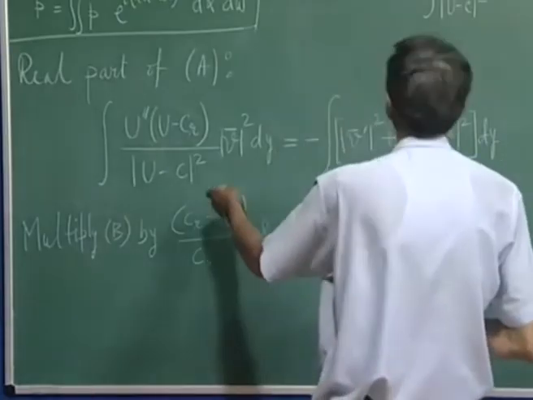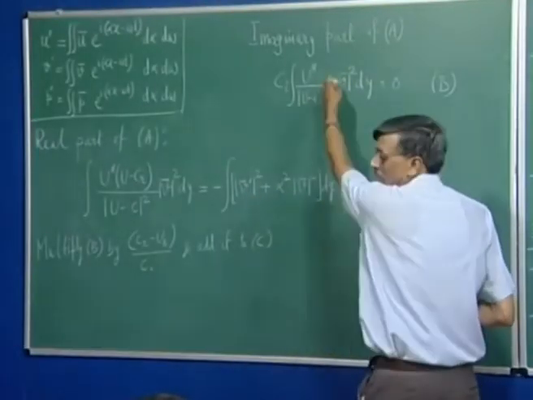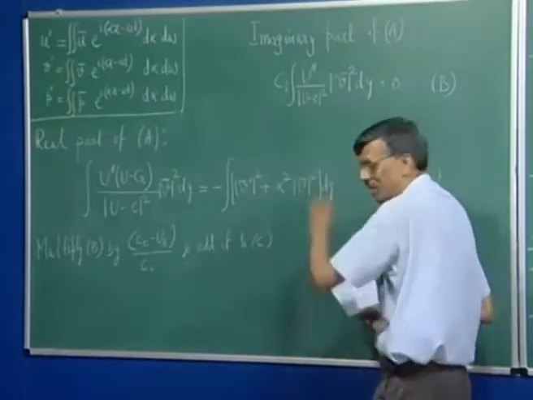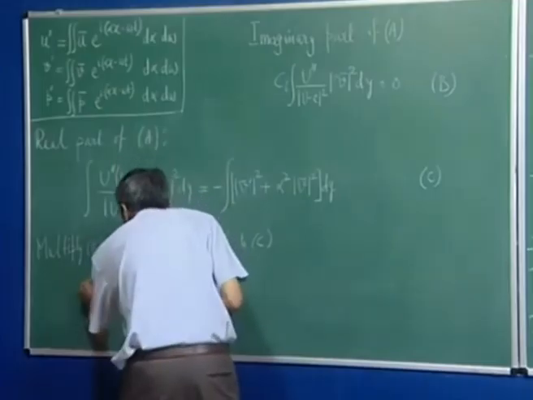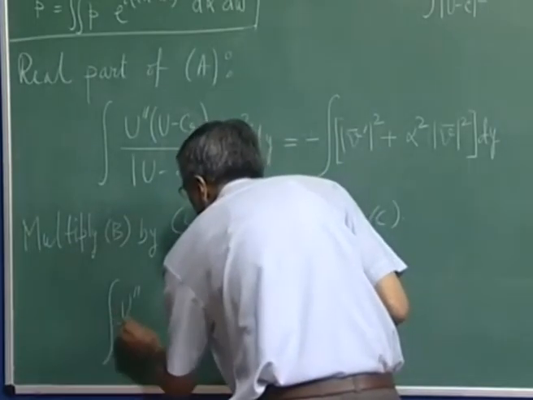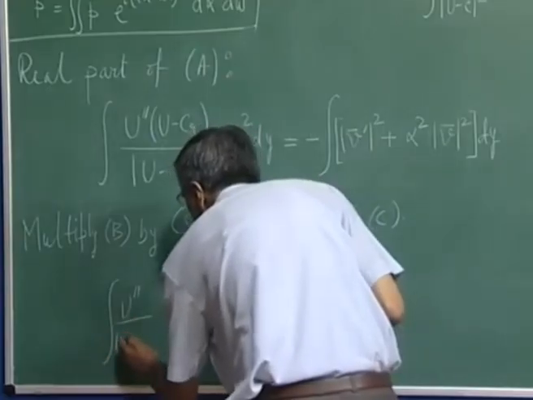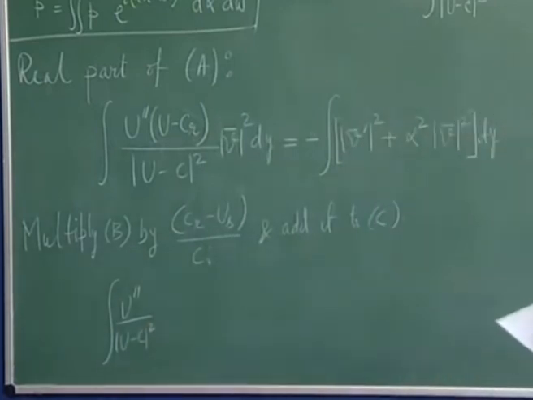Whenever I multiply this quantity, whatever happens to C will happen only on the left hand side, nothing will happen on the right hand side. So, the right hand side remains the same. On the left hand side, what we get is the common part, that will be u double prime divided by (u minus c) square, and then what happens?